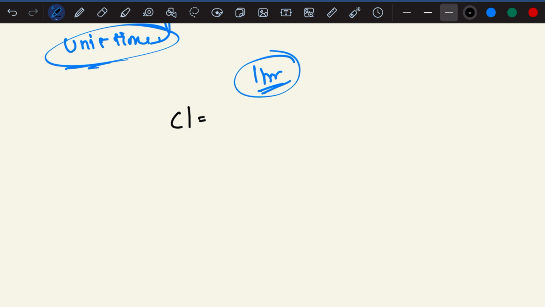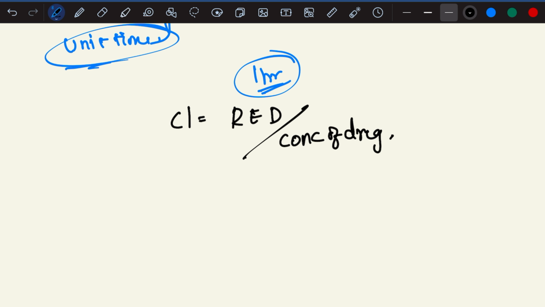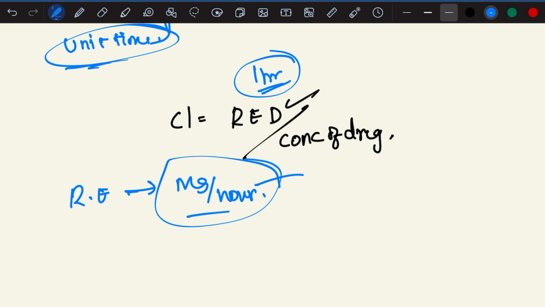The actual clearance formula is: clearance is equal to rate of elimination of drug, RED, divided by concentration of the drug. Now there may be a doubt: what is rate of elimination of drug? Its unit is mg per hour, so it is the amount of drug removed per unit time.